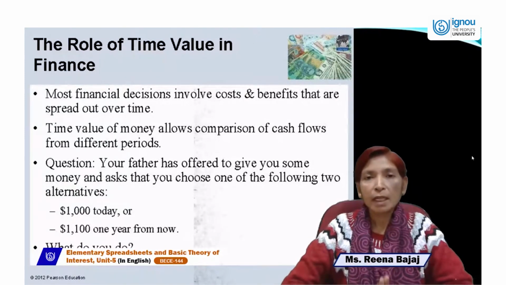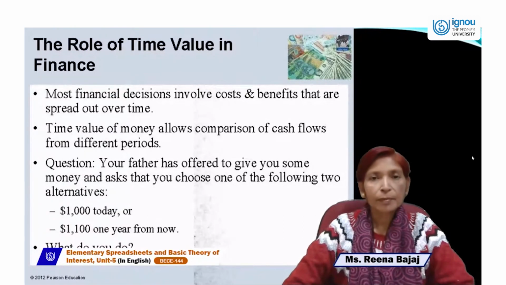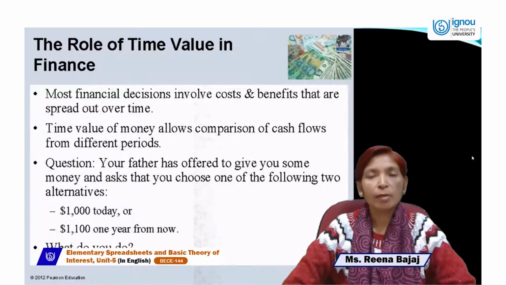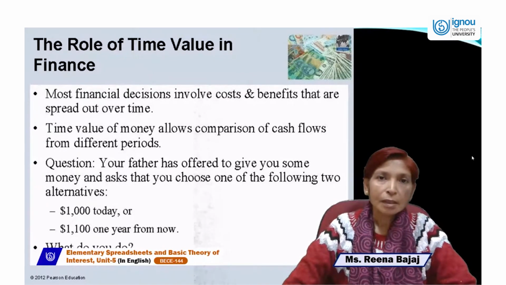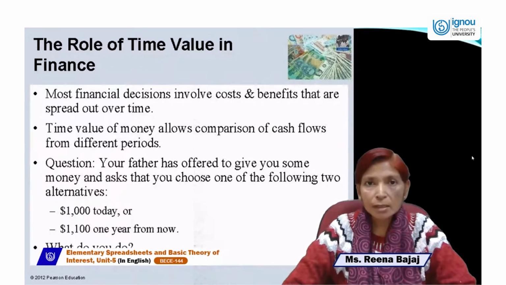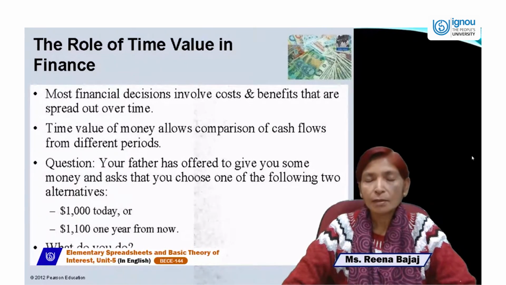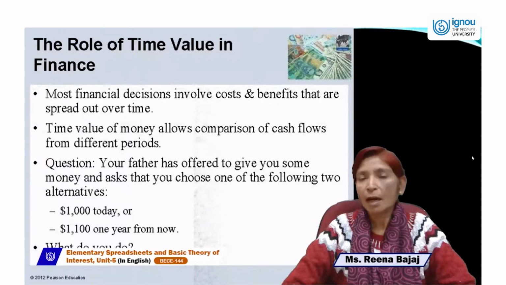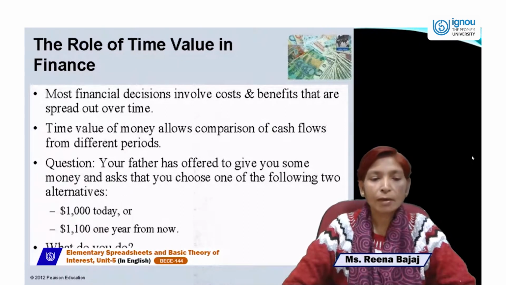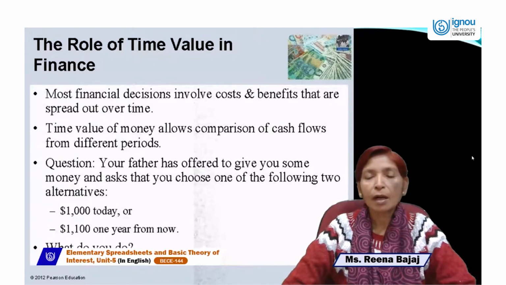If you need money at present, then you will get less, that will be $1,000. And if you can wait for 1 year or for 2 years, then you will get a higher amount like $1,100. So it depends upon our need, our requirement.